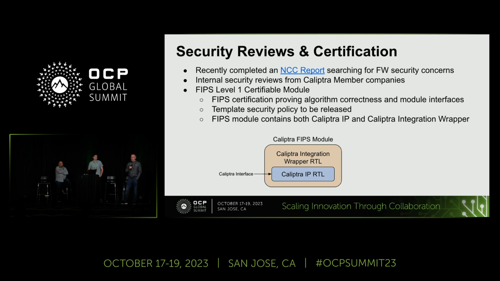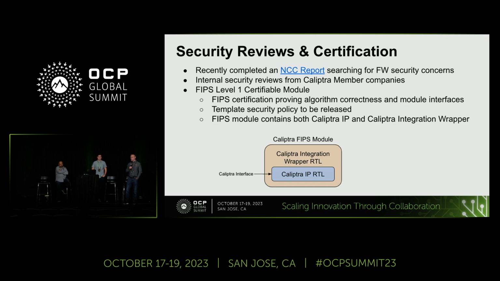There's a link to that within the GitHub repo. We've also done a lot of internal security reviews from the various companies, so Microsoft, AMD, NVIDIA. We've had a lot of security experts review the code, so it has been very important to us that we all know where certain concerns lie, and we want to ensure that the code that we're creating is as strong as possible.